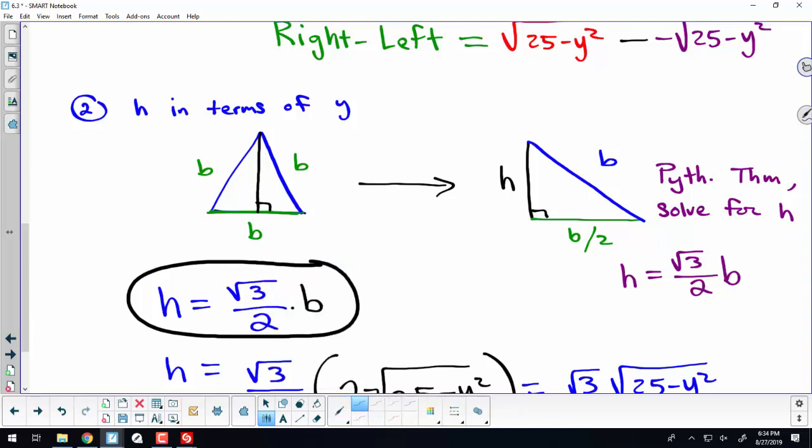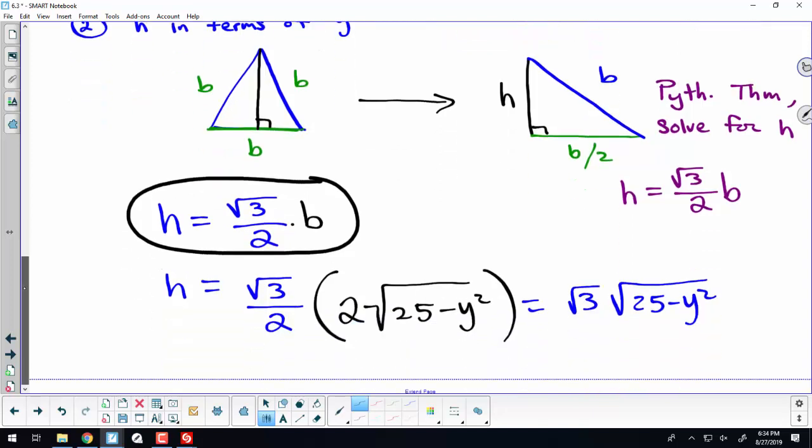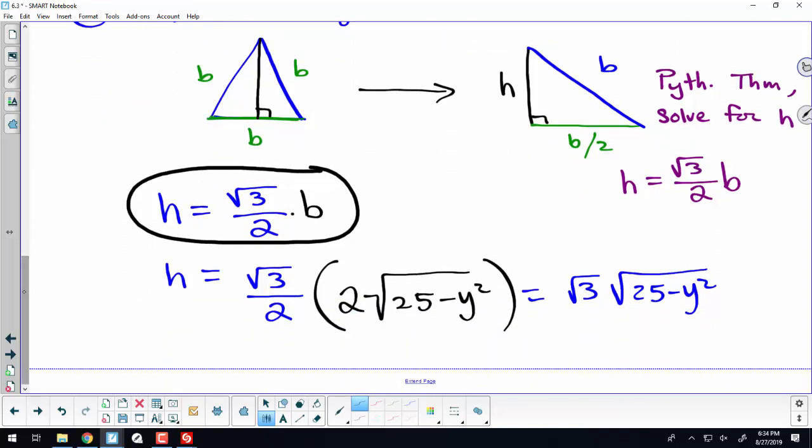And so with that, we were able to say, all right, then the height in terms of y is root 3 over 2 times its base, which we found prior to this. So there we have our root 3 over 2 times the base. And then we just simplified this. And so now we have h and the base in terms of y. And therefore, we're just going to put that back into the area function for b and h.